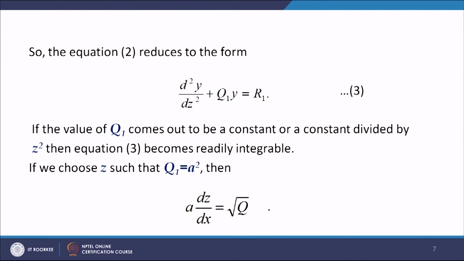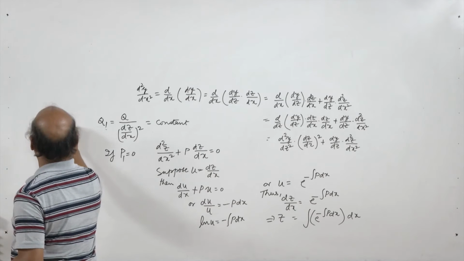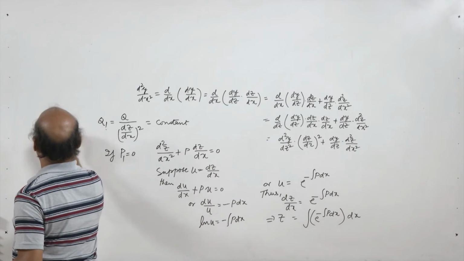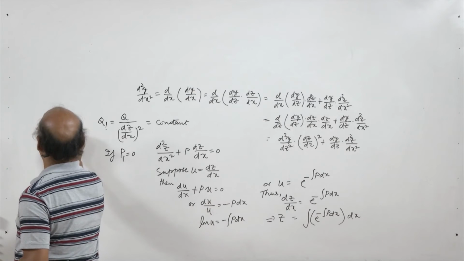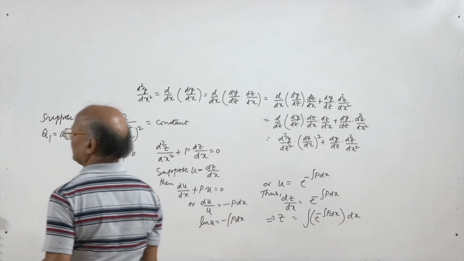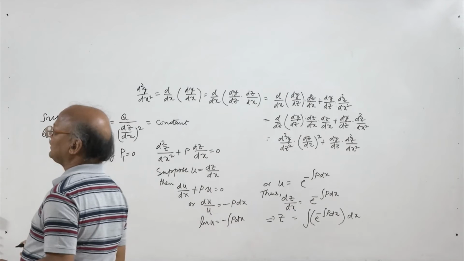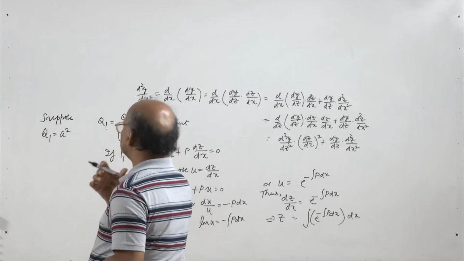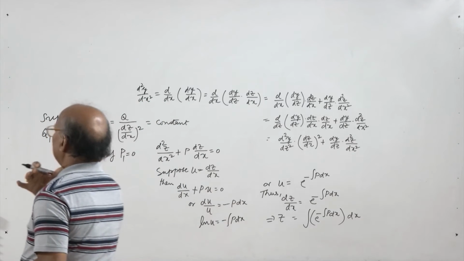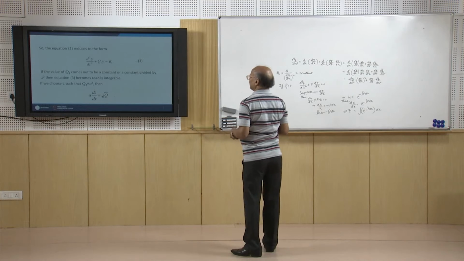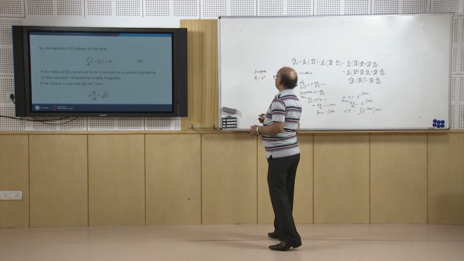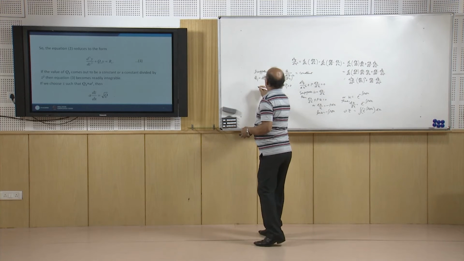Now let us see when we put q1 as a constant. Say suppose q1 we take as some constant a square. We just want z as a function of x, so this constant can be chosen according to our requirement. So we will be choosing q1 equal to a square.